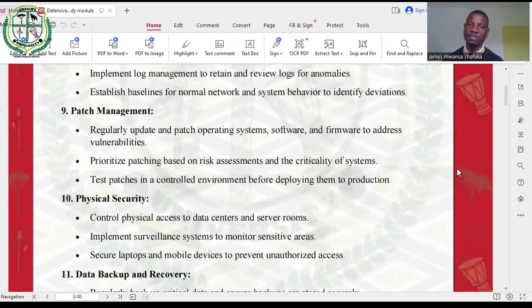And then there's also an aspect of testing patches in a controlled environment before deploying to production. So testing patches is very much important before the system is deployed for production.